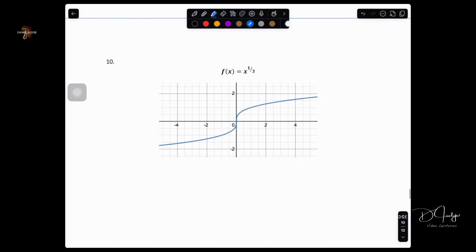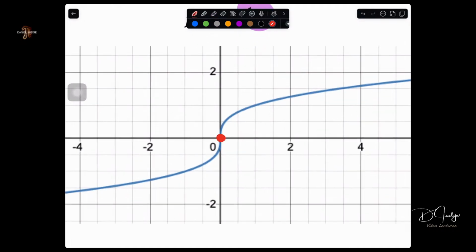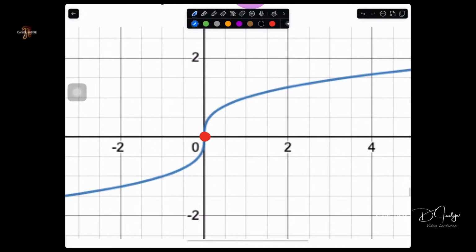Again, we have a function with the rational exponent. This function is smooth, but there is a location here where the curve is vertical. You can say this curve is like up and down here. Well, that's going to indicate what's known as a vertical tangent.